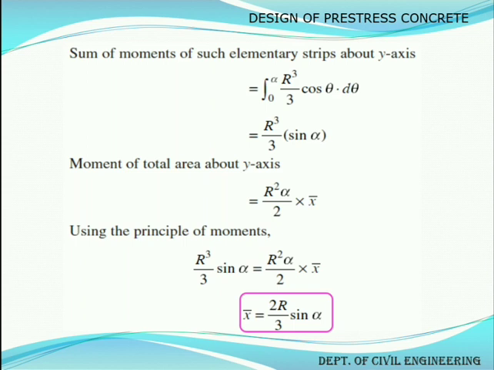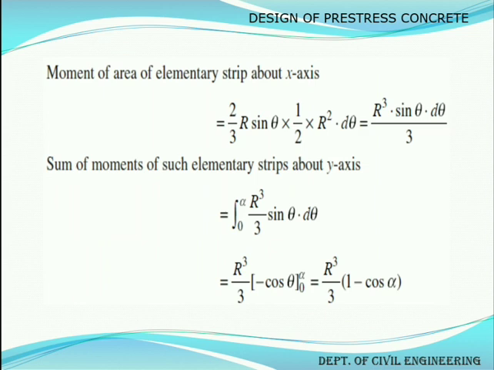So now we can use the principle of moments and equate r cube by 3 sine alpha equal to r square alpha by 2 into x bar. So cross multiplying, we get x bar as 2r by 3 sine alpha. Therefore, for a sector, the centroidal distance with respect to y-axis, that is x bar, is equal to 2r by 3 sine alpha. So this is the first output which we wanted.